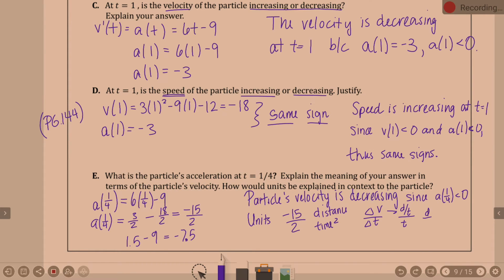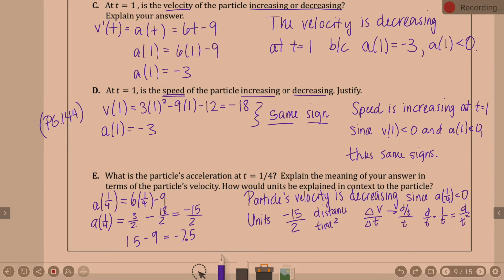If you do distance divided by time, to divide by time, that would be multiplying by 1 over time. So you know that this is going to be distance over time squared. Okay? Not time, time squared.